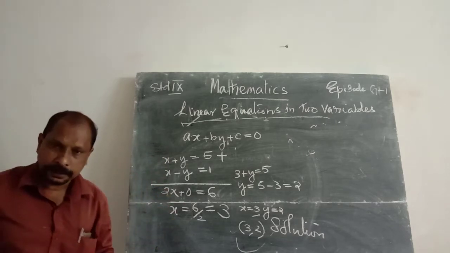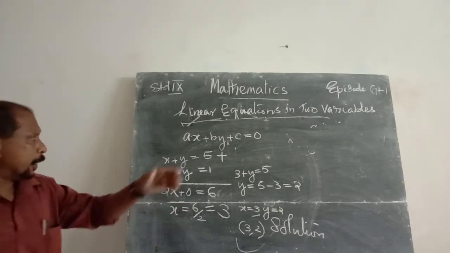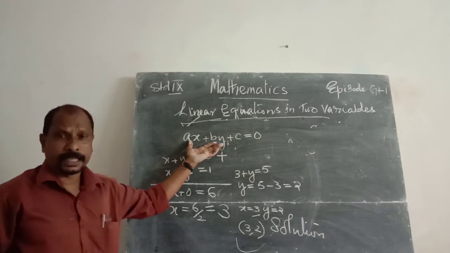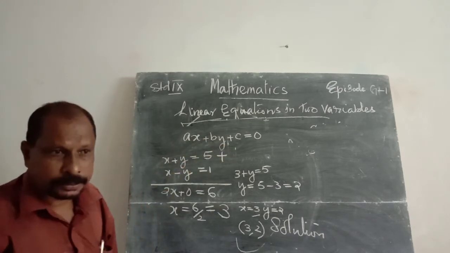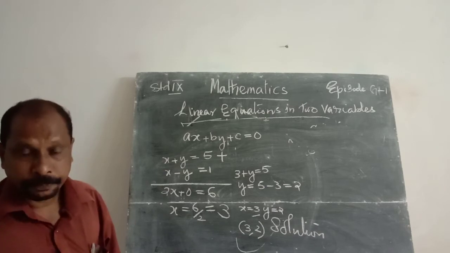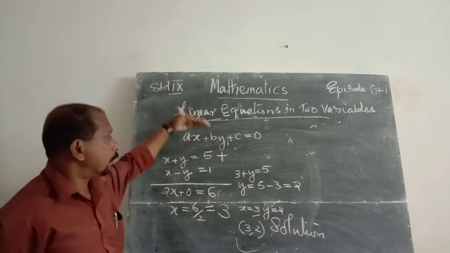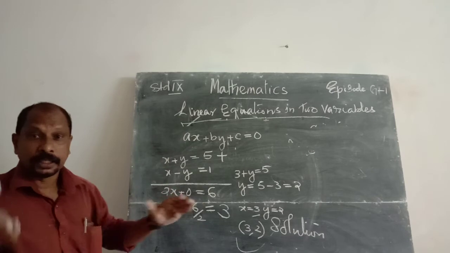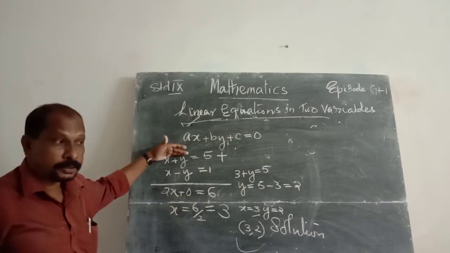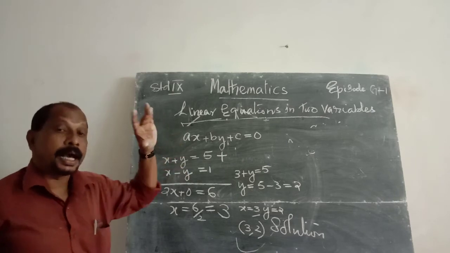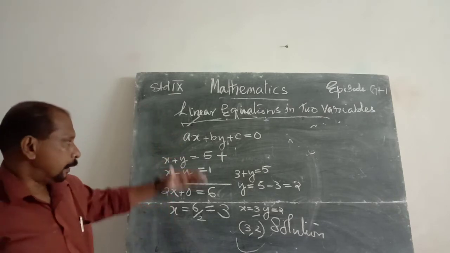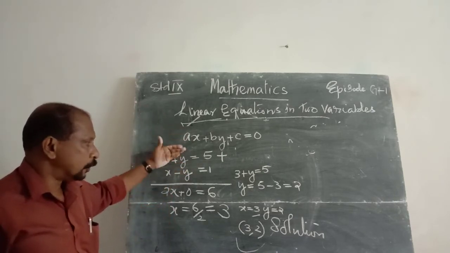If there is only one linear equation, ax plus by plus c is 0, there are several values for x and y which satisfy the given equation. But when two linear equations in two variables are given, they are related equations. Then solve for these two.